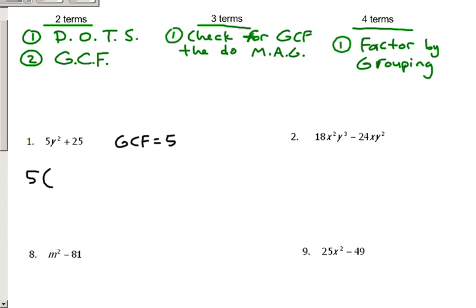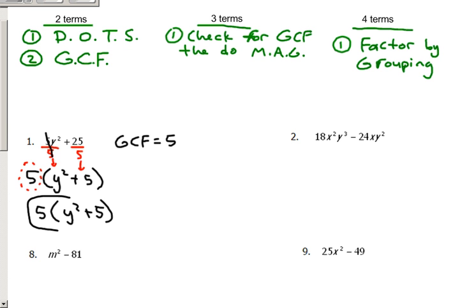If you forget how to use the GCF, whatever this number is, you divide each piece by it to get what goes inside your parentheses. So 5y squared divided by 5 gives y squared, and 25 divided by 5 is 5. Our final answer is 5 times the quantity y squared plus 5.